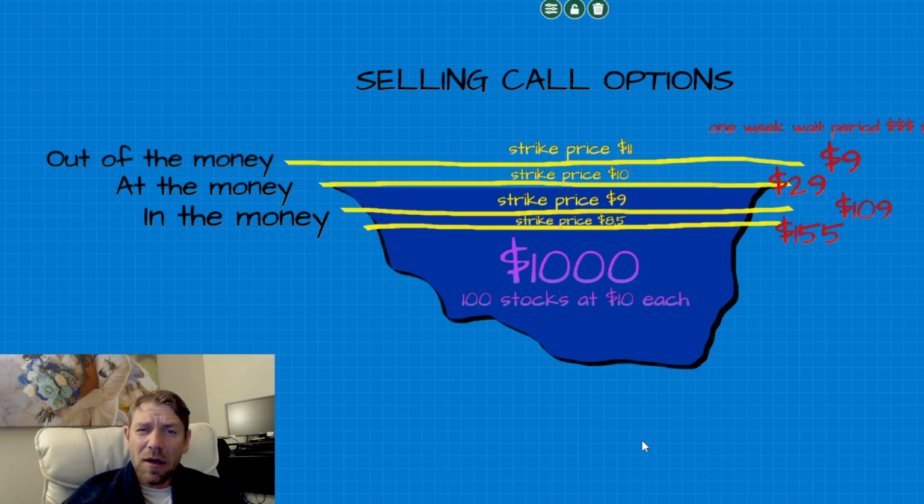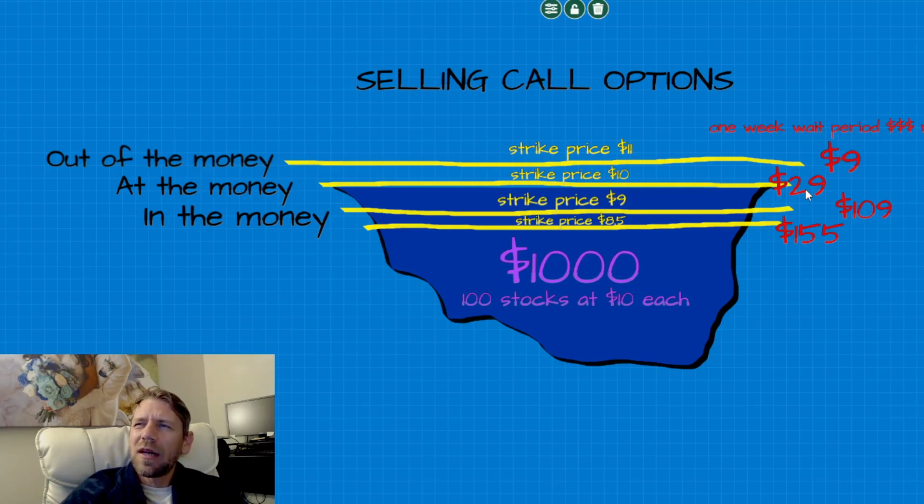When you sell put options, you're going to be putting cash for collateral. When you're selling call options, you're going to be putting stocks for collateral. All right. Now, because I'm selling an at the money strike price of $10, which is the current price of the stock, I'm only going to receive $29 for that contract, for that call option selling. $29 is still pretty good.